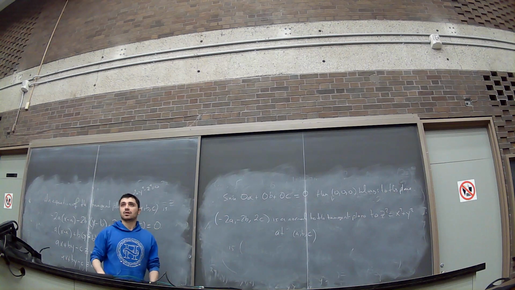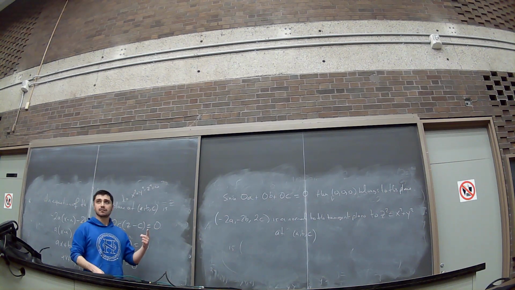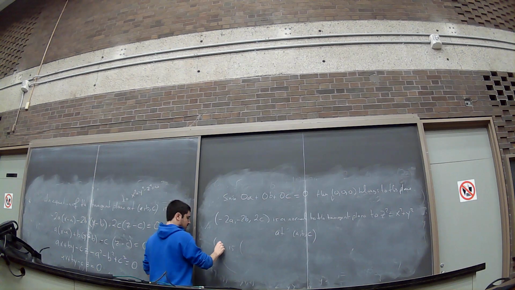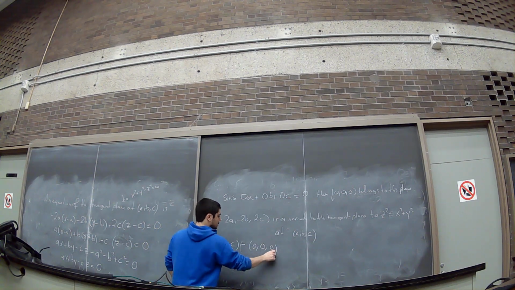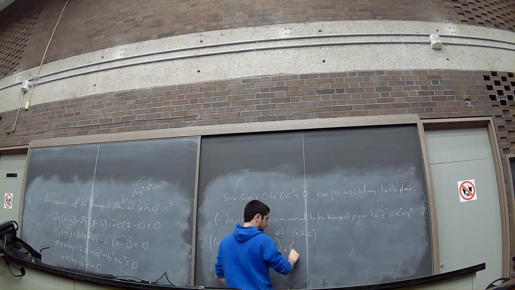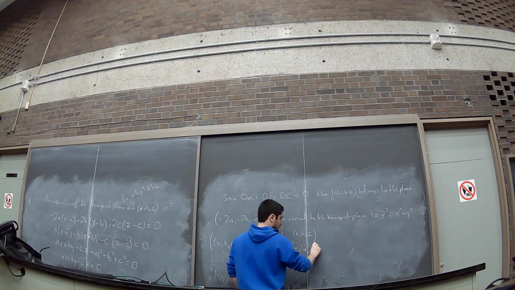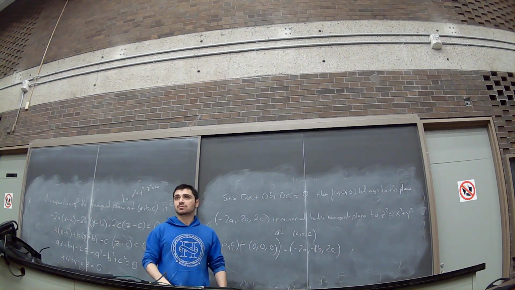What do you need to check? You need to check if 0 belongs to that plane, if and only if (a, b, c) minus (0, 0, 0) dot (minus 2a, minus 2b, 2c) is equal to 0.